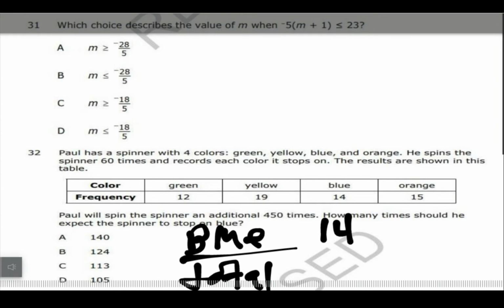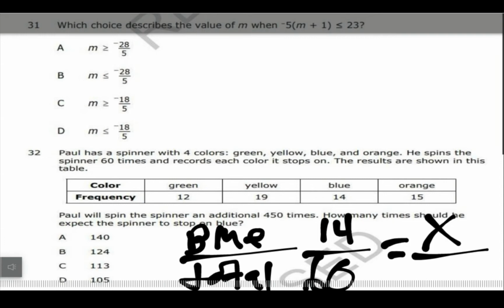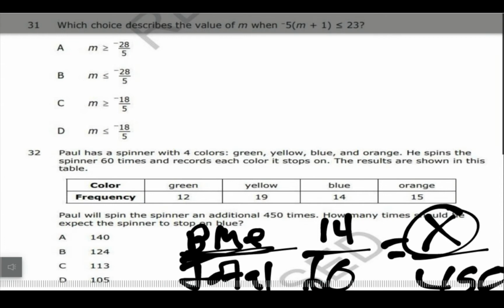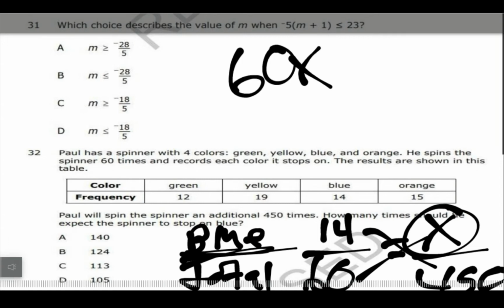So he had 14 out of 60. We want to know how many blues that would be out of 450, so I can put 450 on the bottom here, and x for how many blues. So I can cross multiply. 60 times x is 60x, and then I want to do 14 times 450 on the other side.